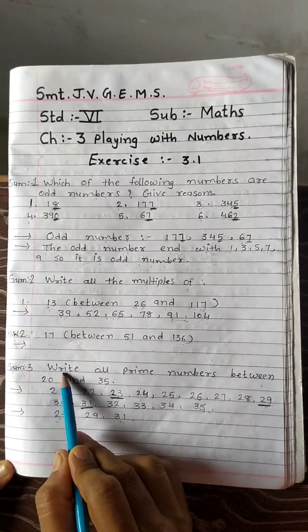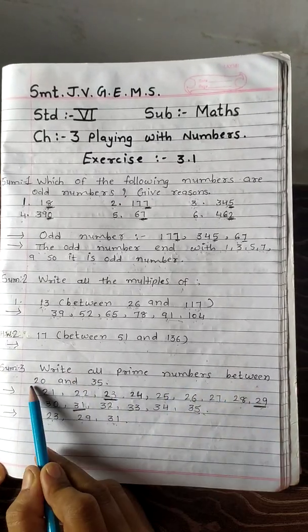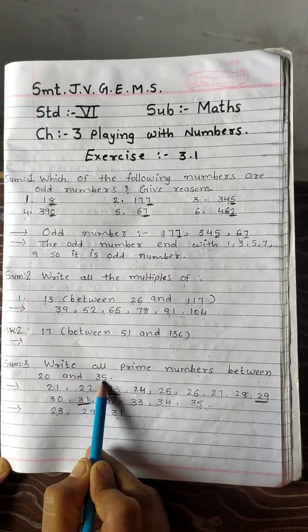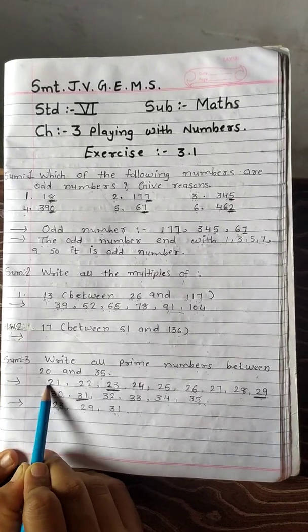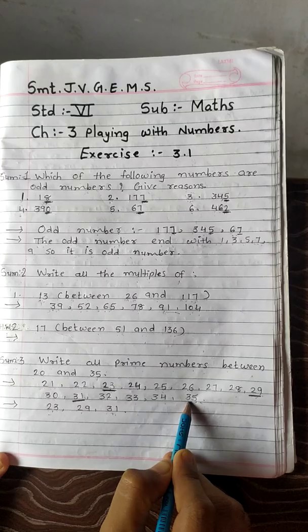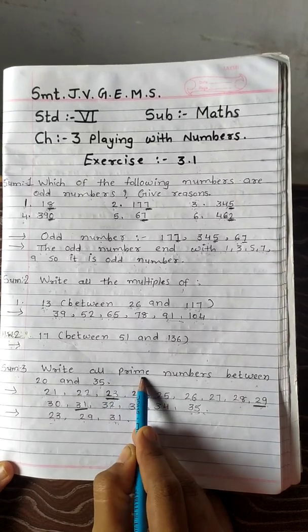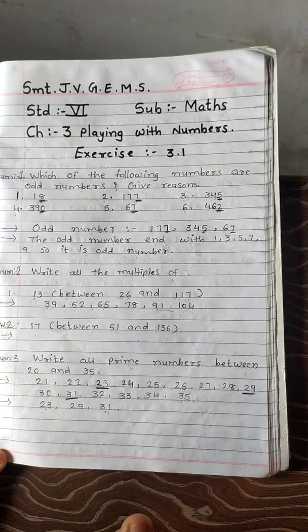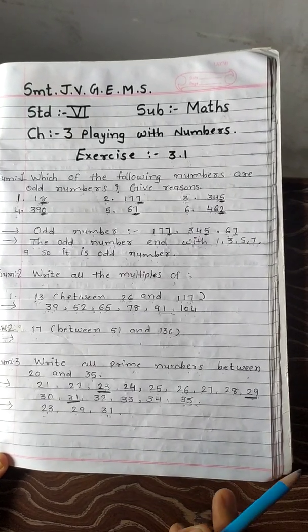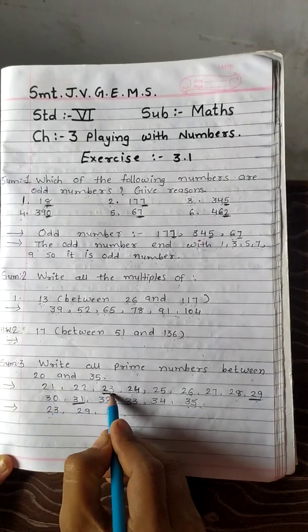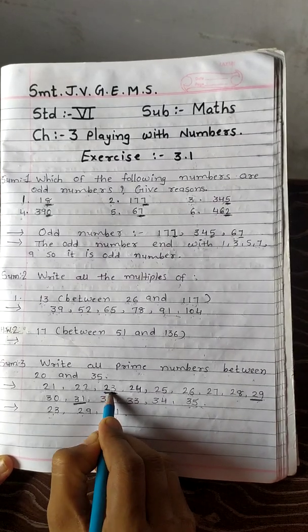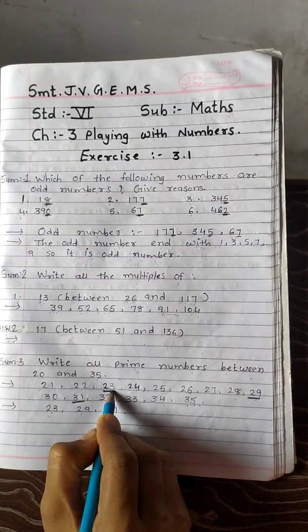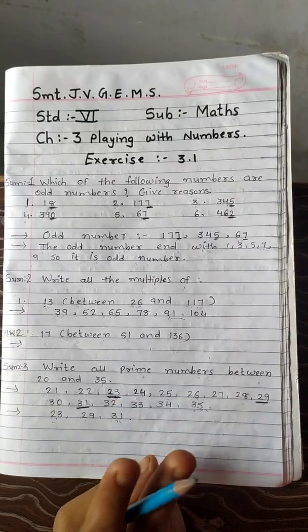Sum 3. Write all prime numbers between 20 and 35. So here write down first of all the numbers 21 to 35. Now prime numbers always have two factors. One is 1 and the other is the number itself. So here you can see that 23 is a prime number because 23 has only two factors.